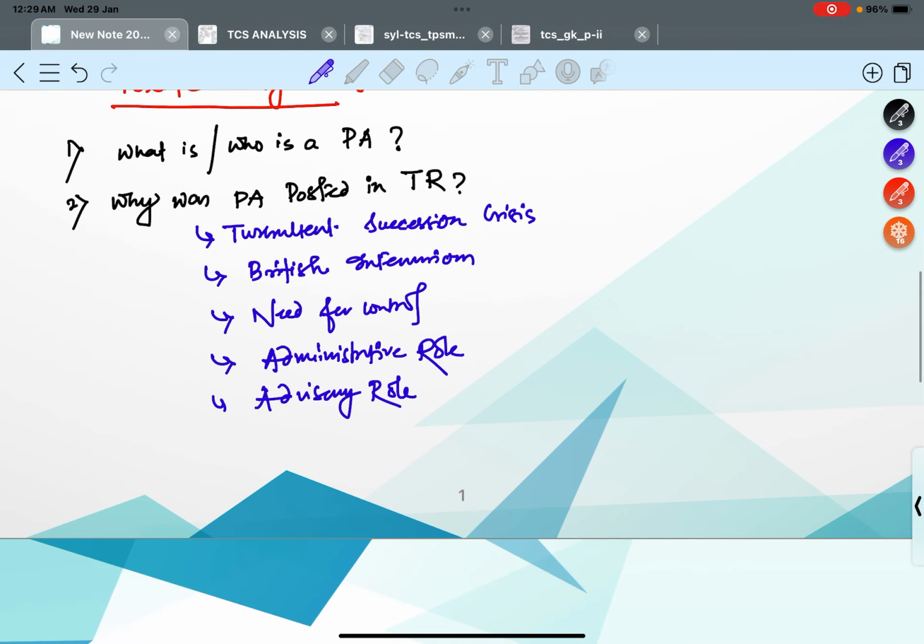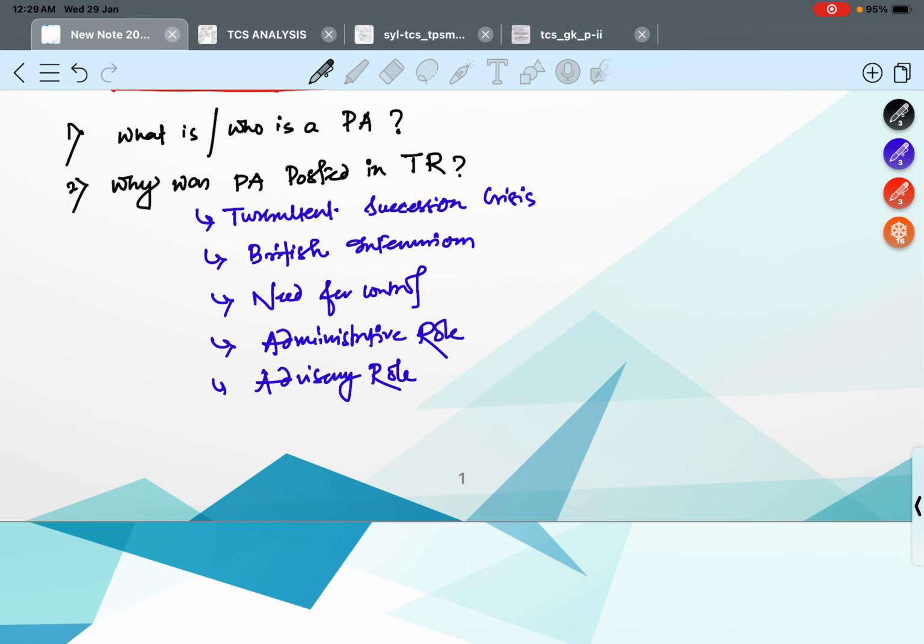So you have to know what the advisory rule was, what administrative rule is, and in which administration they had a role. If you know up to this much depth, this will be done for you.